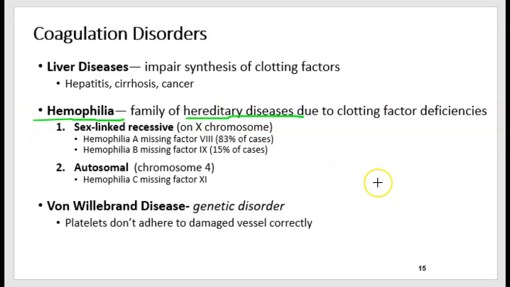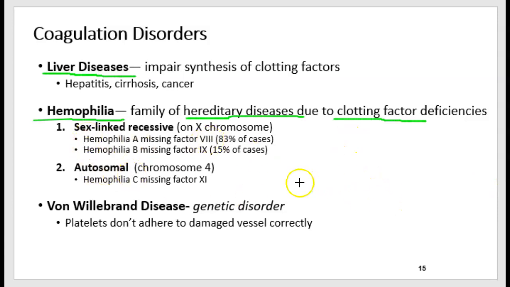Now, in this case, the liver's fine, but each clotting factor is coded for by a gene. And that gene codes for a protein that the liver makes. So the gene is in a cell in the liver, and the liver cell interprets the code and makes the clotting factor.